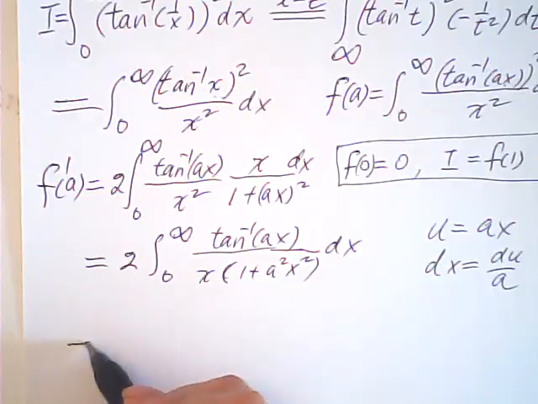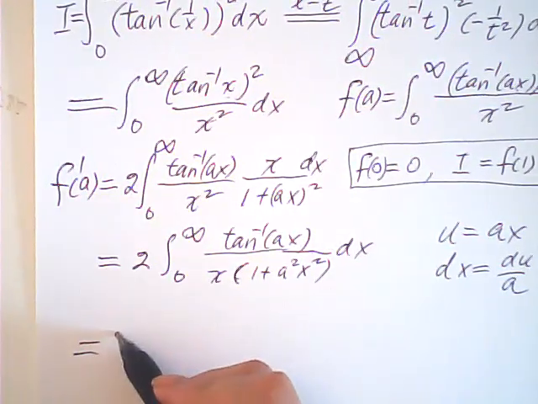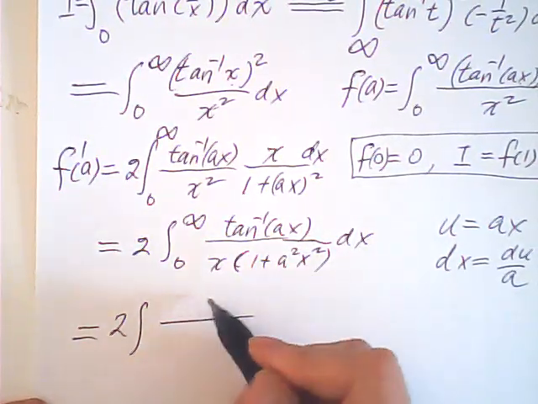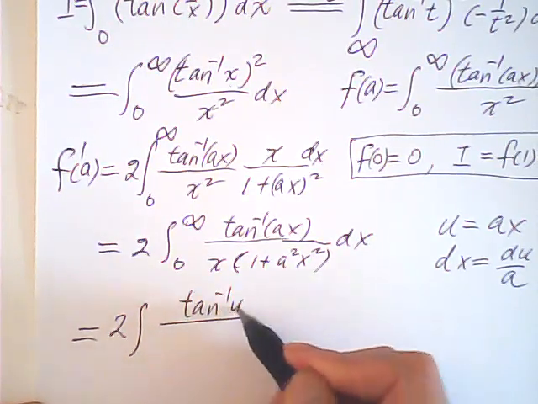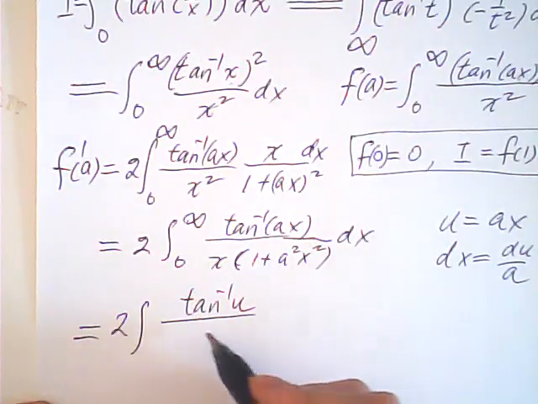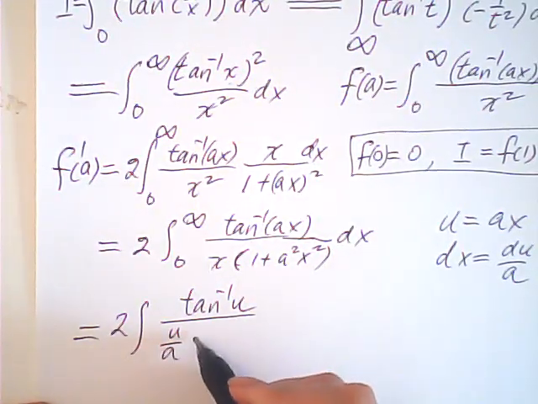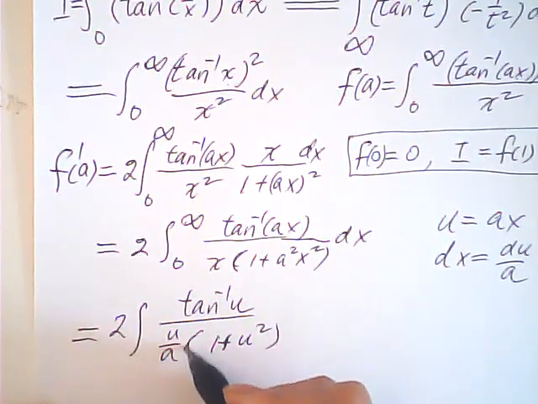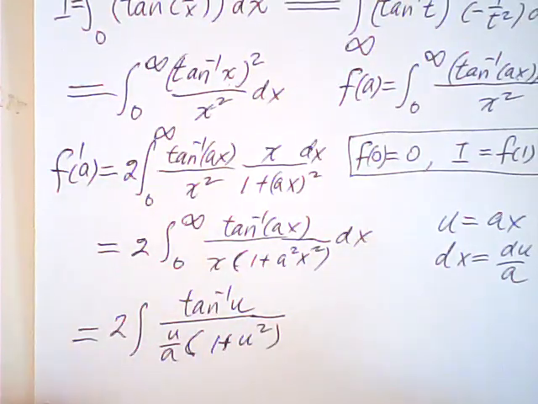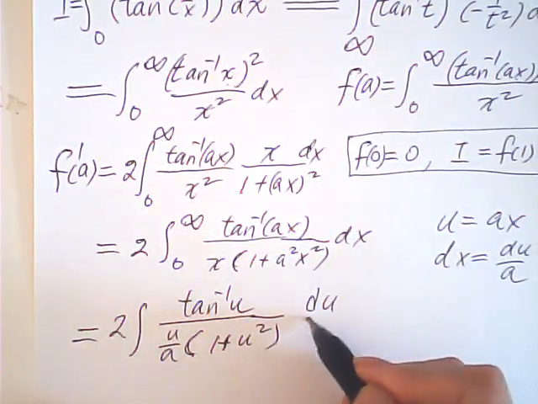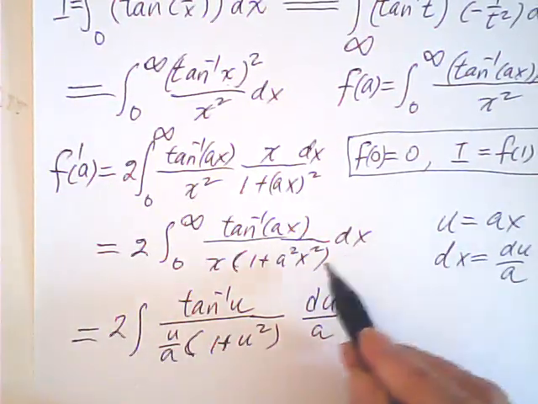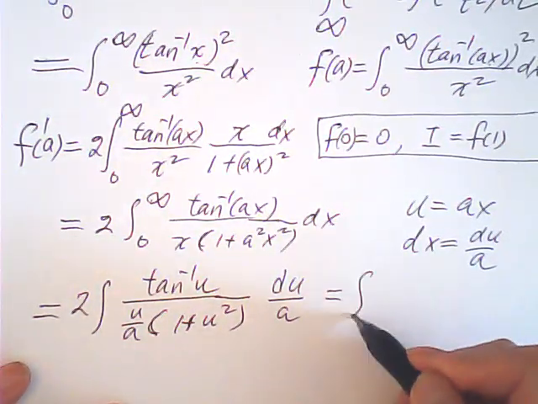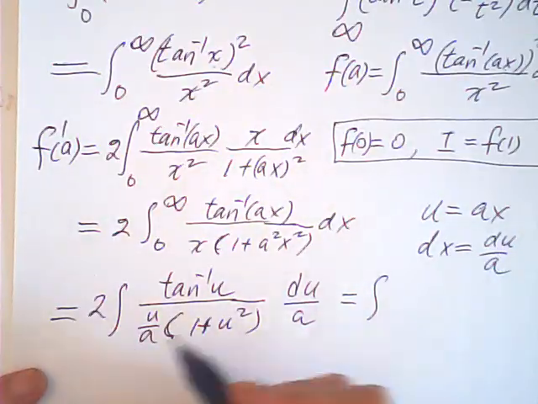So my integral becomes twice arctangent u, and x will be u over a, and 1 plus u squared, times du over a. That's for dx. So I'll simplify a little bit. The boundary is not changed.